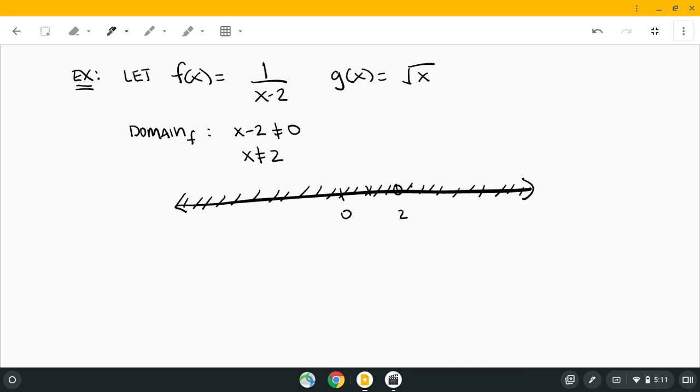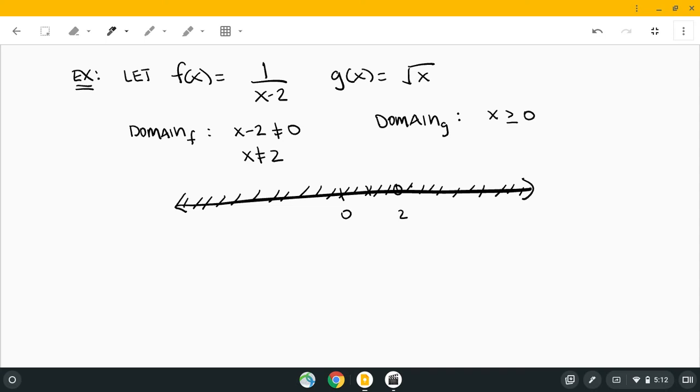Let's take a look at the domain of g. Whatever's inside this square root, which is x, has to be greater than or equal to 0. So that's our domain: all x values greater than or equal to 0.